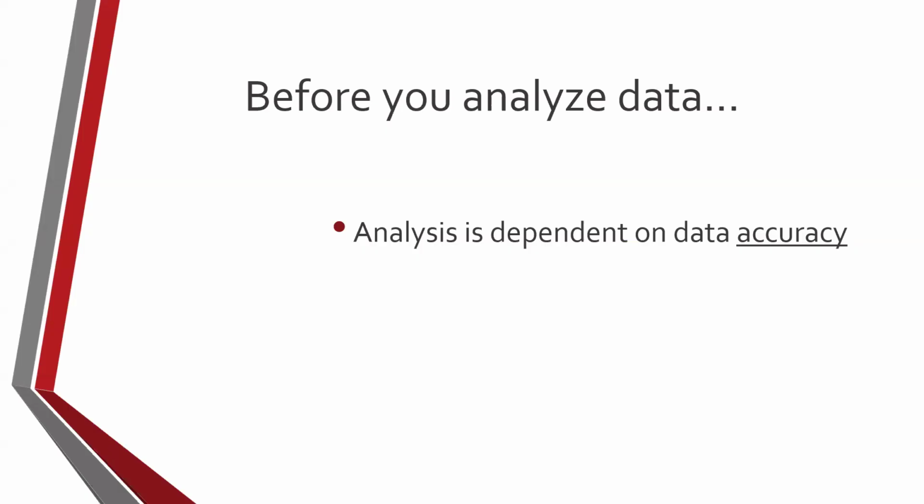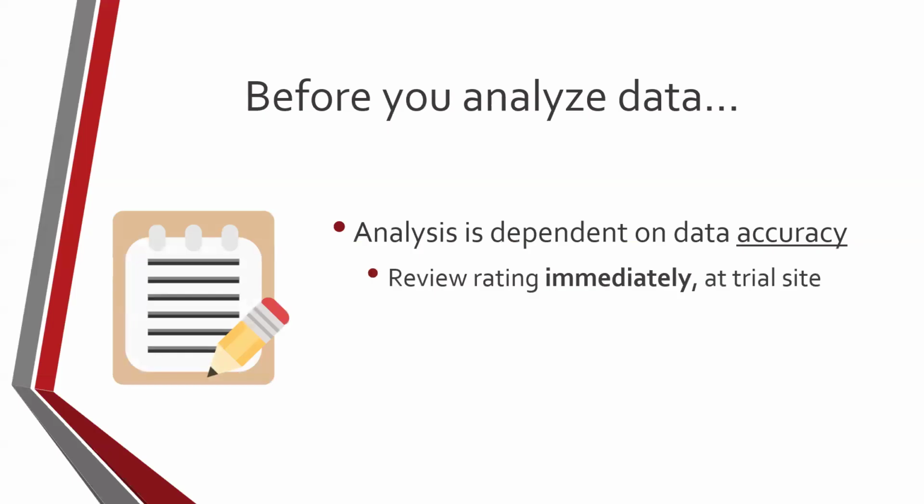So the best way to ensure accuracy is by reviewing the assessment immediately afterwards while you're still at the trial site. That way, if you have any irregular values, those can be investigated and resolved. If you're waiting to input and review the data back in the office, any of those irregularities can only be ignored in the analysis, which results in a loss of statistical power.